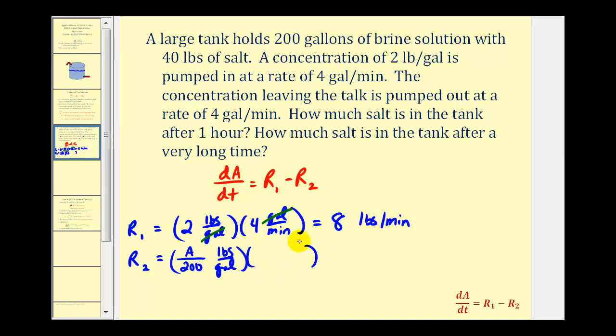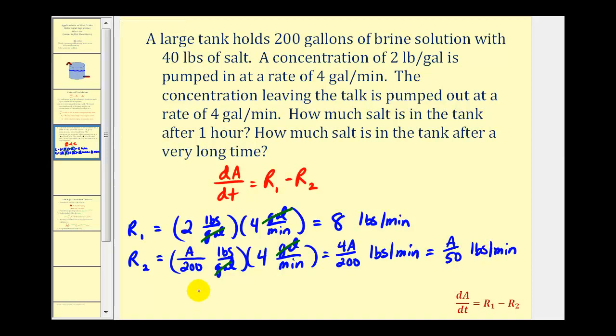And then the rate is the same as 4 gallons per minute. Again, notice how gallons simplifies out. So this would be 4A over 200, and this would be pounds per minute. But this does simplify. 4 over 200 is 1/50th, so we have A divided by 50 pounds per minute.